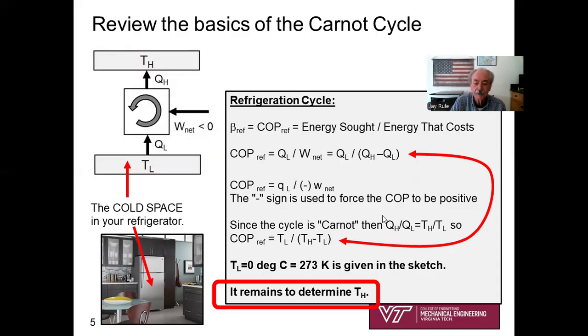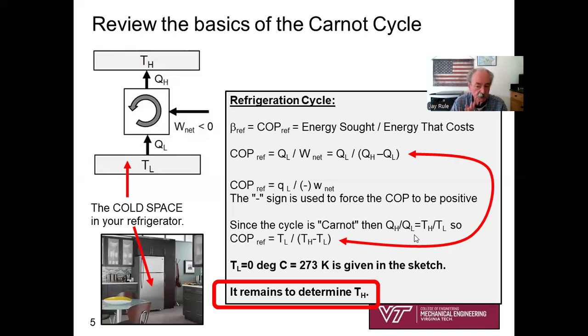All right. Now we drop down to what we know about the Carnot cycle, the best performance you can get from a refrigeration cycle. I remember from class, all the way back to my student days, for a Carnot cycle, QH over QL exactly equals TH over TL. That is an identity.